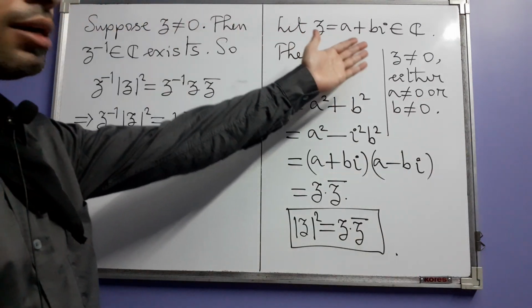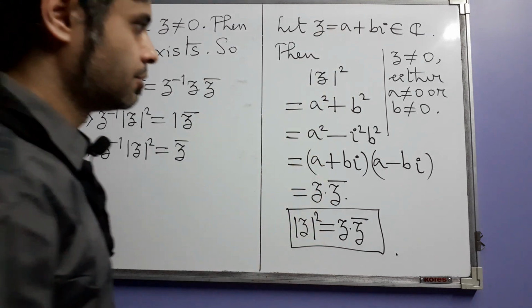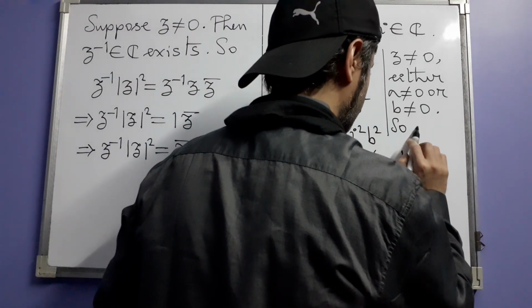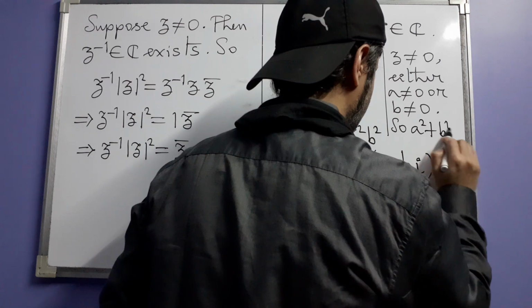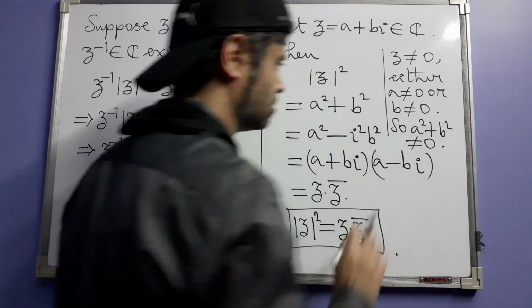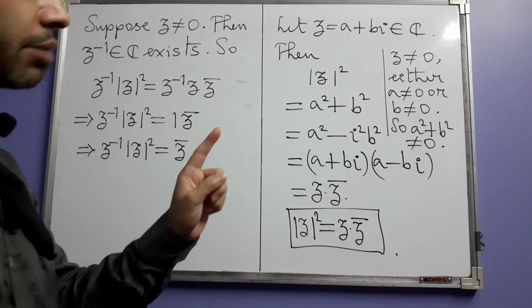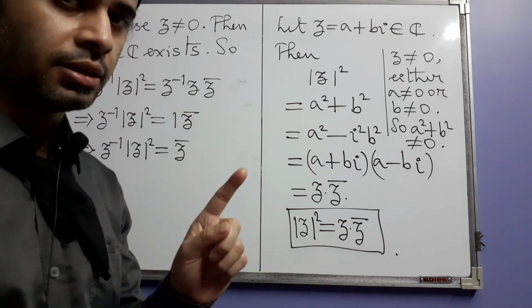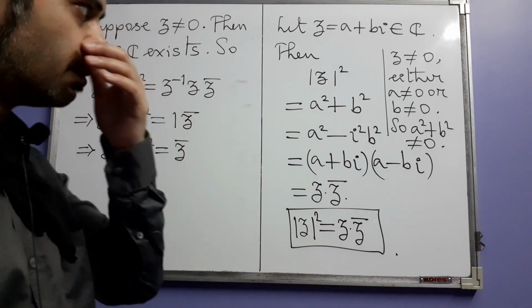Because if a and b are both 0, then z will become 0. So, a square plus b square is not equal to 0. Because a square plus b square can be 0 in only one case, when both a and b are 0.